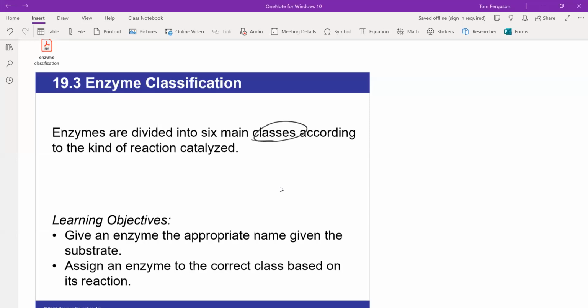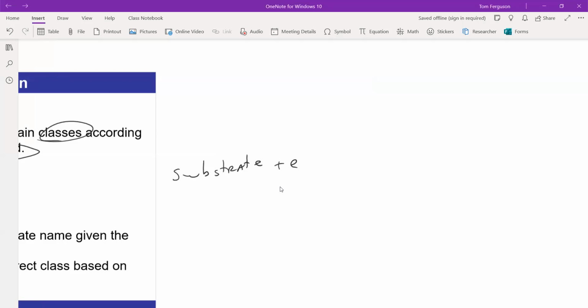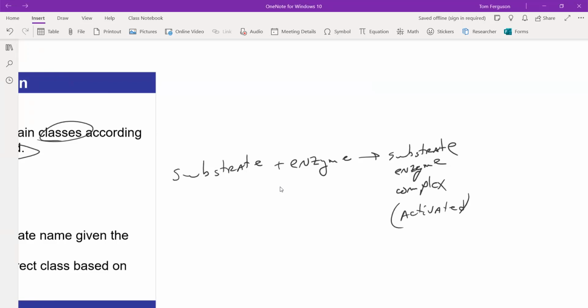They're based upon the reaction. Remember, a reaction in biochemistry is you have substrate, plus the enzyme gives a substrate-enzyme complex, which is also called activated complex.